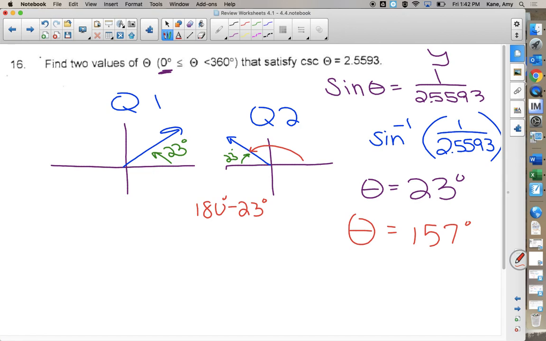Now, if the question did say, find 4 values going from negative 360 to positive 360, how could you easily find those other 2 values? Maggie? So if I was asked to find 4, 2 positive I have, the 2 negative, we just have to take these answers and subtract 360.